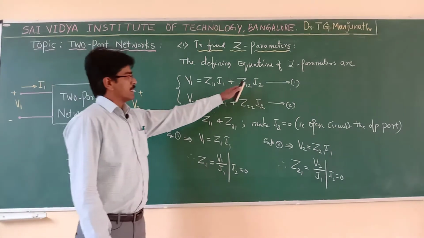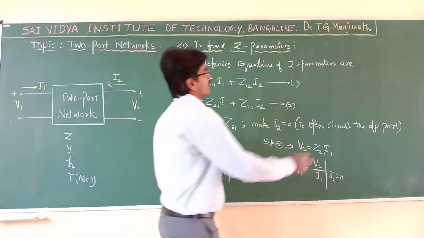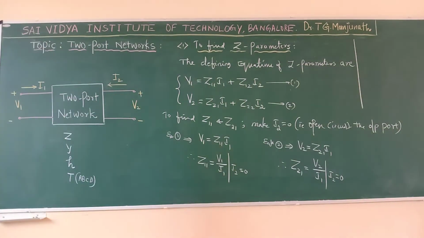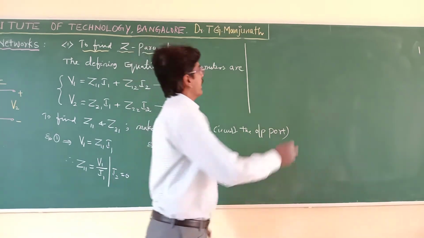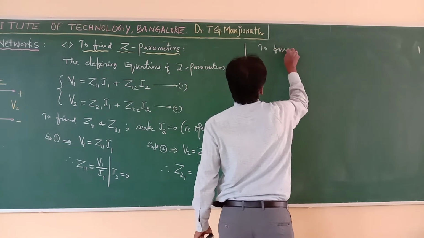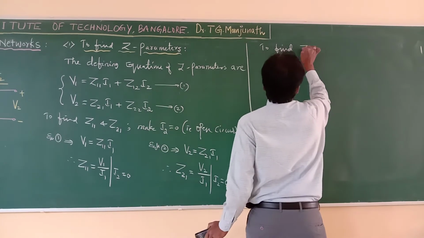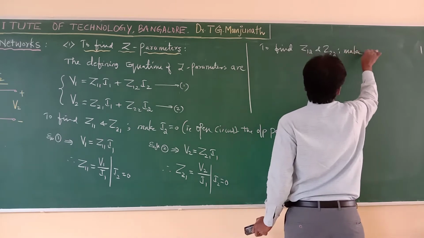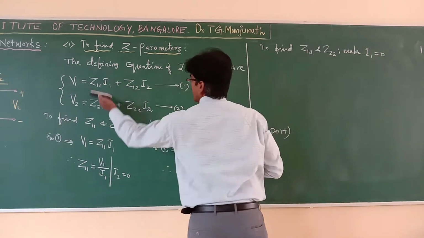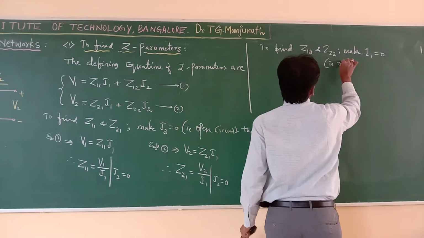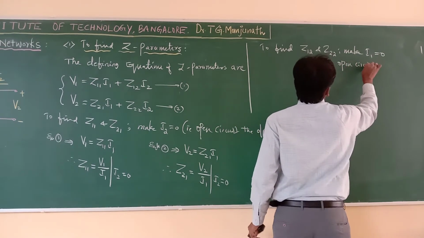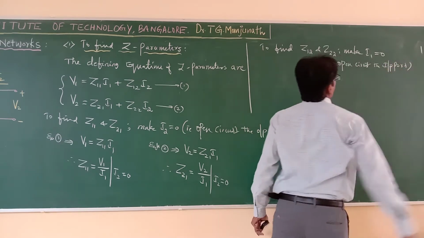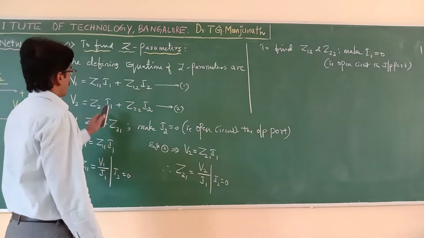Now, similarly, I have to find these two parameters. To find Z12 and Z22, make I1 equal to 0, that is, open circuit the input port. Then what happens?